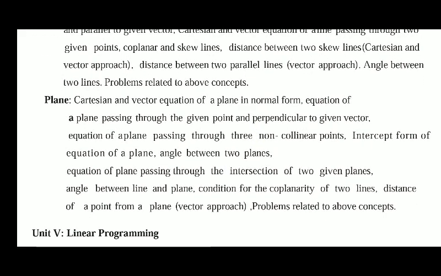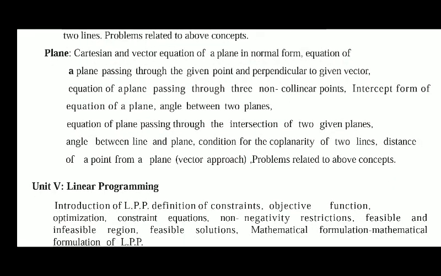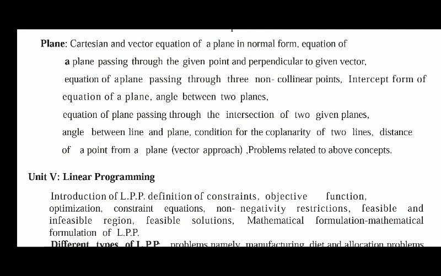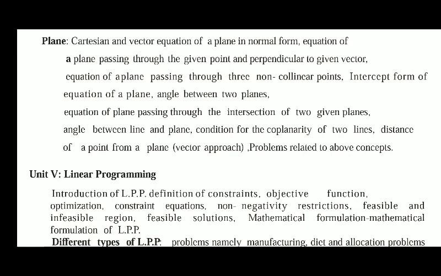Got it? Okay, the next one is about the plane. In the plane also you are going to form the vector and Cartesian equation of a plane in normal form, and the equation of a plane passing through a given point and perpendicular to a given vector.